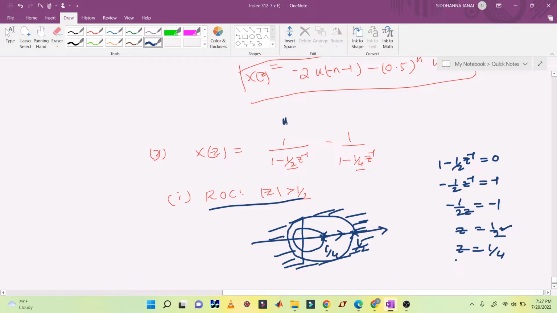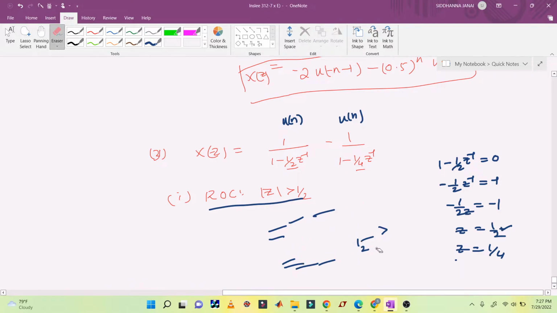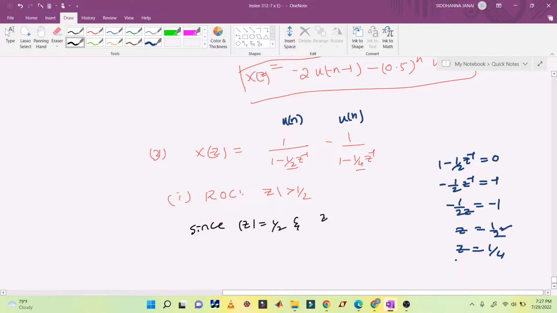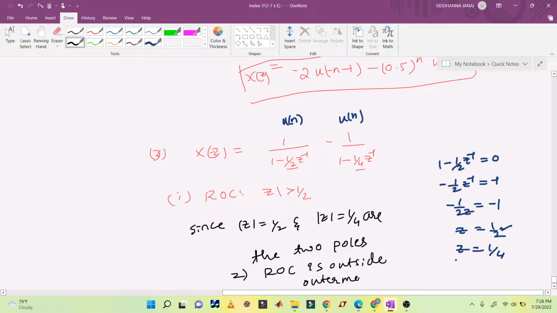So both the terms will be right sided sequences, and u of n will come for both sequences, you can understand. Since z equal to 1 by 2 and z equal to 1 by 4 are the two poles, this implies the ROC is outside the outermost pole, magnitude of z equal to 1 by 2.